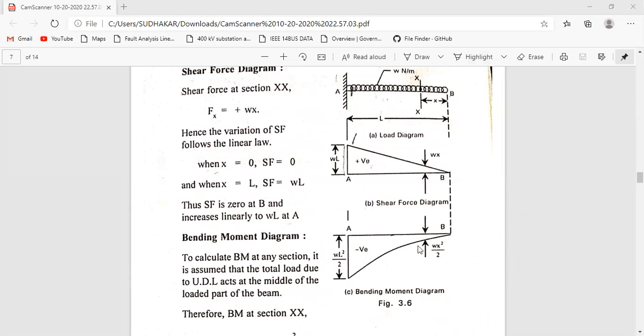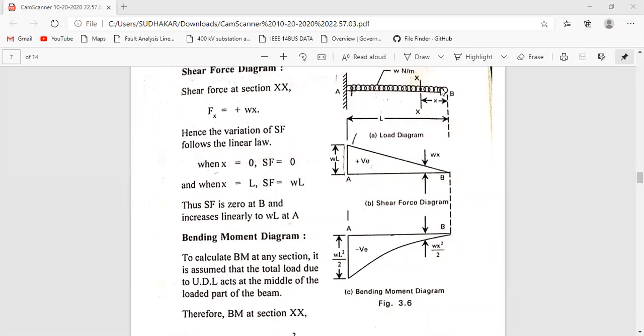How to draw the BMD, bending moment diagram. Before going to that, the variation of shear force follows the linear law. When x equals 0, shear force will be 0. At the particular point B, x equals 0, there is no load.